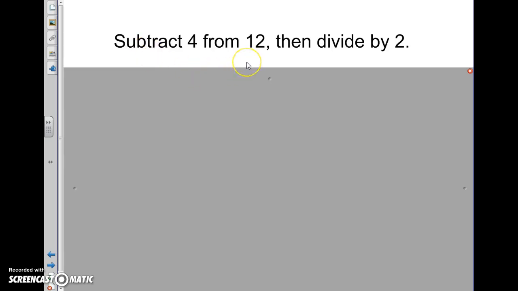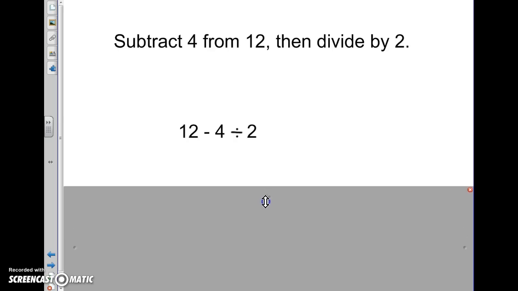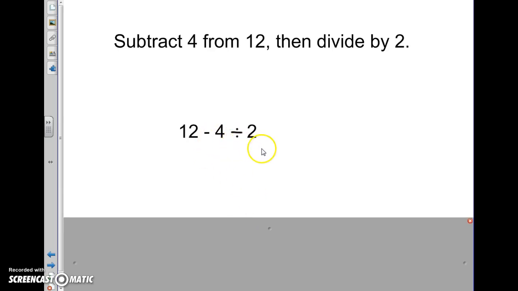So subtract 4 from 12 looks like 12 minus 4. Then we would divide by 2. Again, if we left this expression exactly the way that it was, it would not be a representation of this calculation, and we would not get the same answer as if we followed the steps of this calculation.